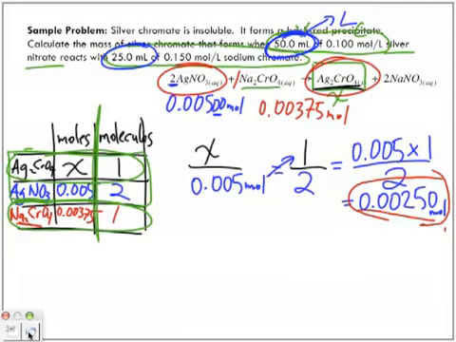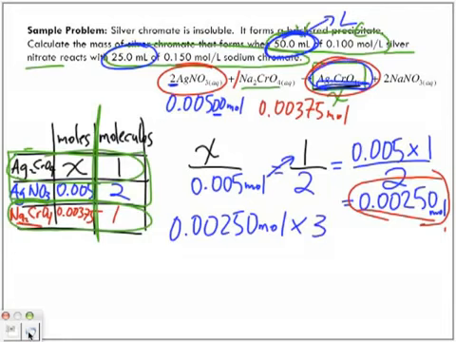We've got our number of moles, 0.00250 moles, and we multiply it by the molar mass of the silver chromate, which is 331.7 grams per mole.